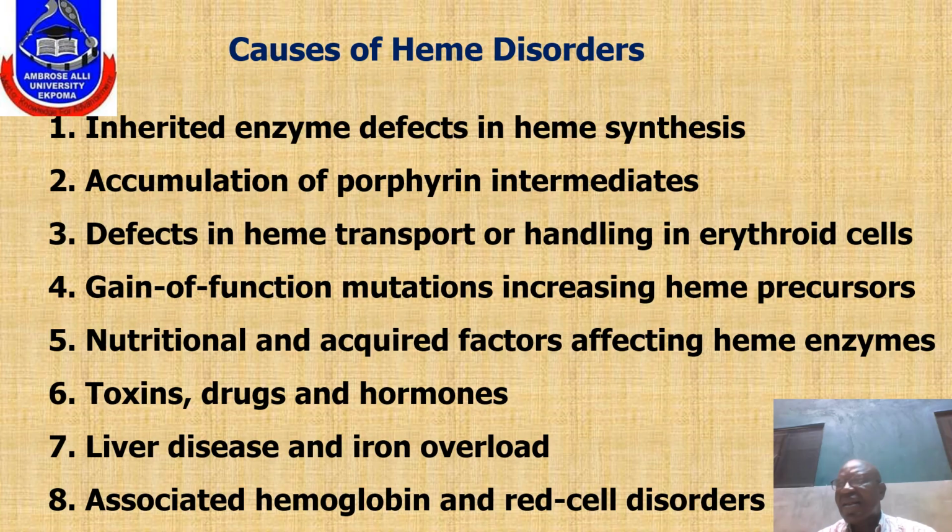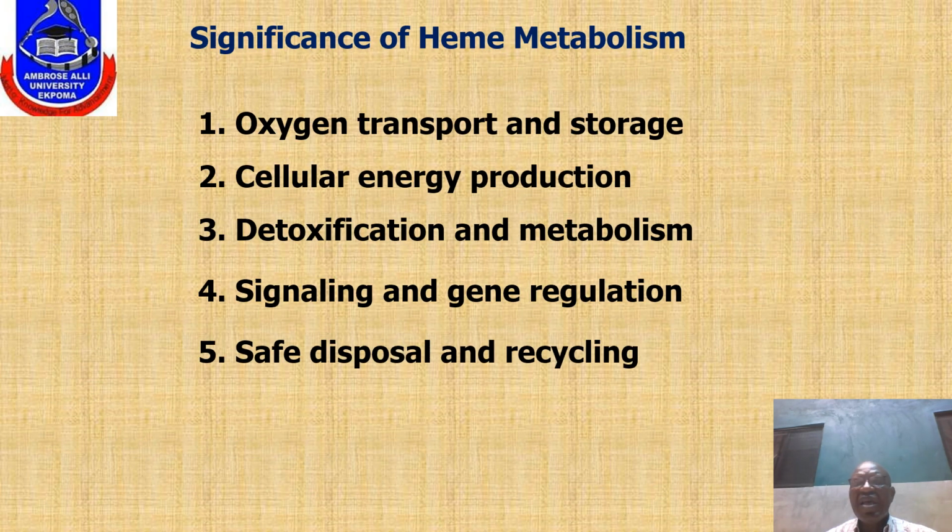If you have a disordered red blood cell, of course, the amount of hemoglobin you are likely to have in the cell will be disrupted. And that could be a very serious factor.